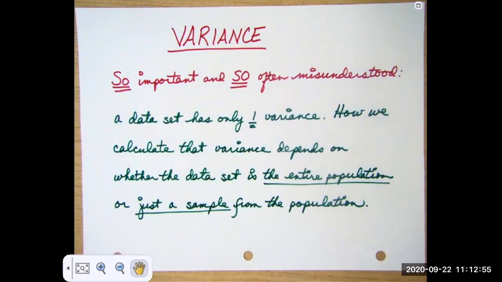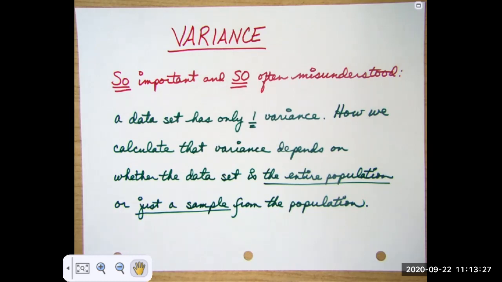There are two formulas for variance. Because of that, some students make the mistake of figuring that there are two different variances for a data set. This is not true. There are two different formulas for calculating variance, depending on whether you're measuring the variance of the entire population or just the variance of a sample.